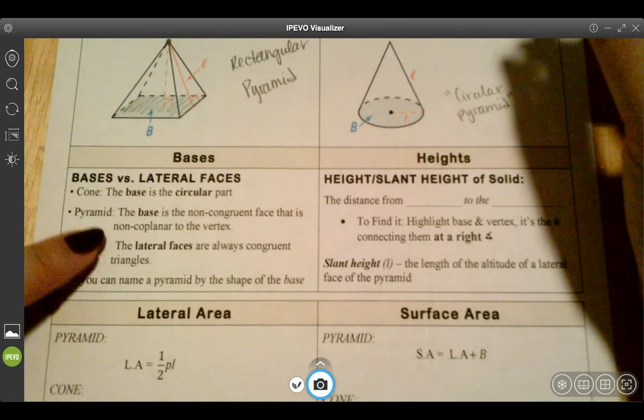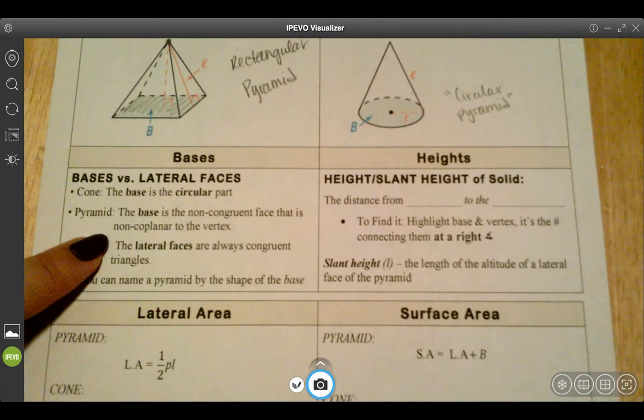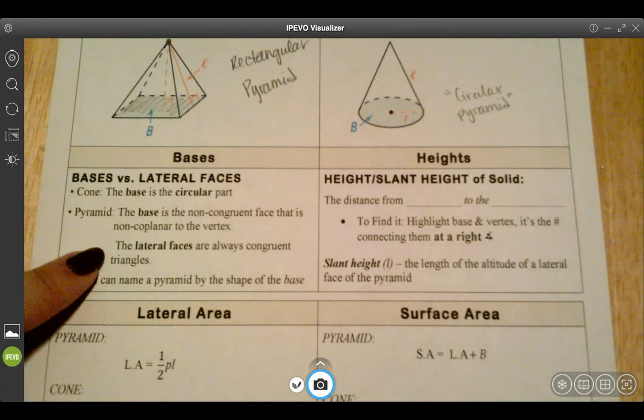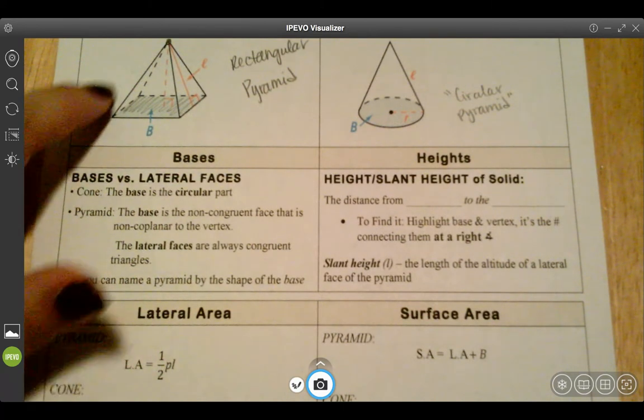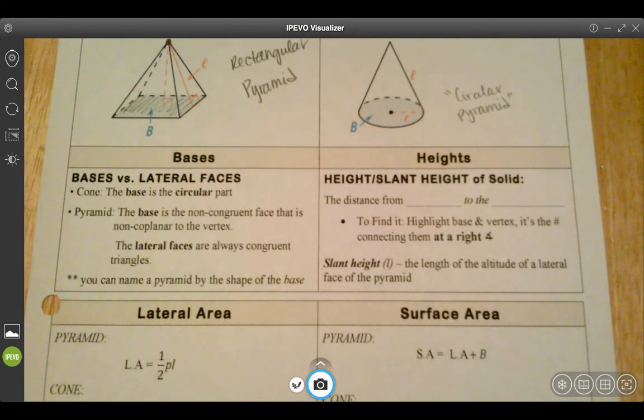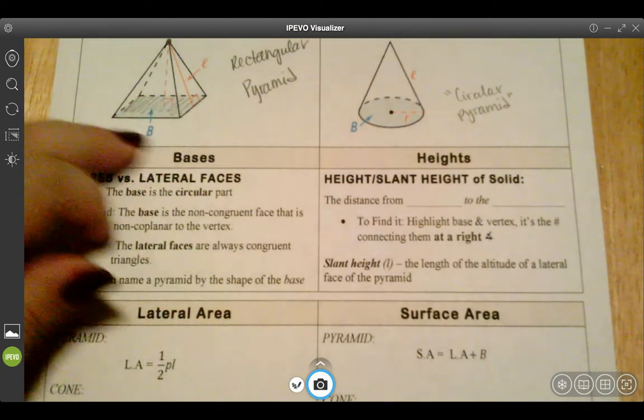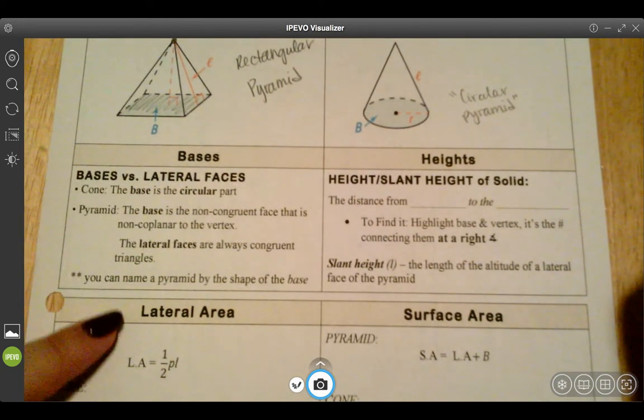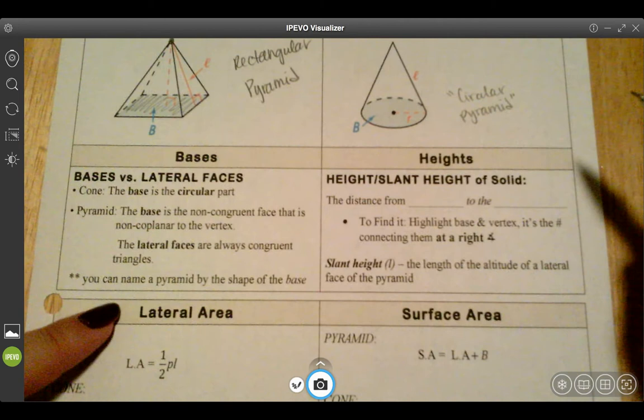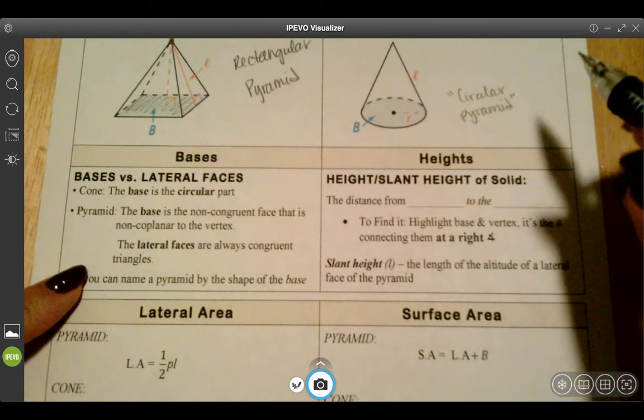Okay, in these pyramids, the base is non-congruent and non-coplanar with the vertex. It also has congruent lateral faces that are triangles. So we're looking at regular pyramids, meaning that the sides are always going to be the same. Okay, and we name it by the shape of the base, just like we did for prisms.